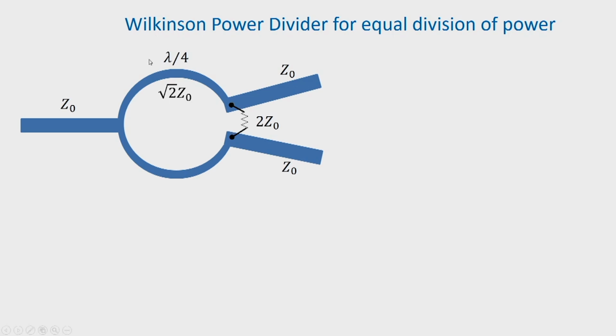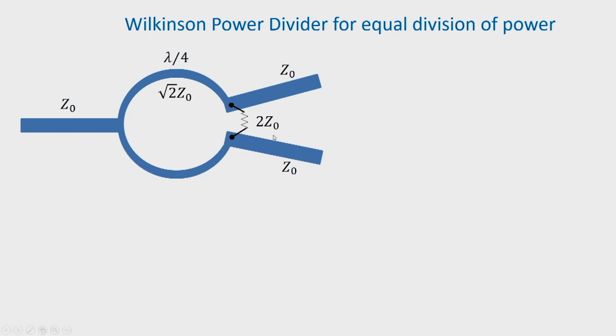Please note that these values mentioned here are for equal power divider. Wilkinson power divider can also be designed for arbitrary power division ratio. It can also be multi-port.